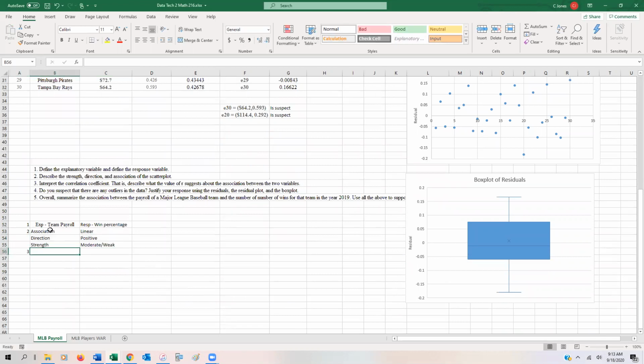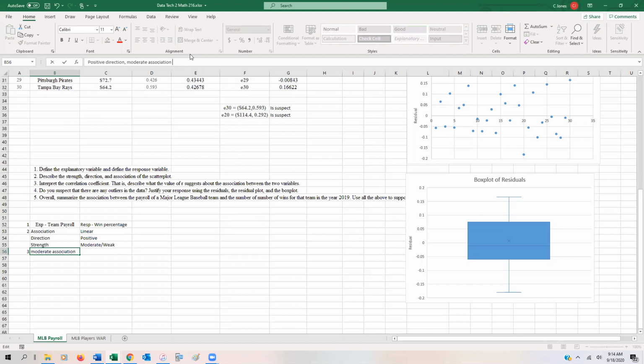Interpret the correlation coefficient. Well, 2 things that we can say is that it is a positive direction. And the other thing that we can clearly see is that it is going to be a moderate association. And I believe we said that if R is between 0.3 and 0.6, that's going to be a moderate association.